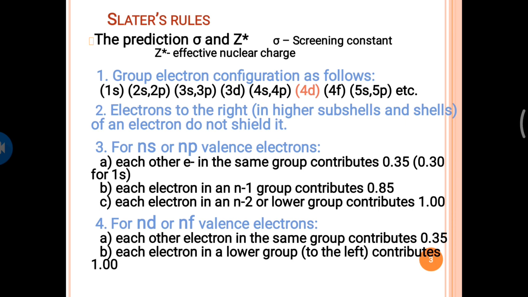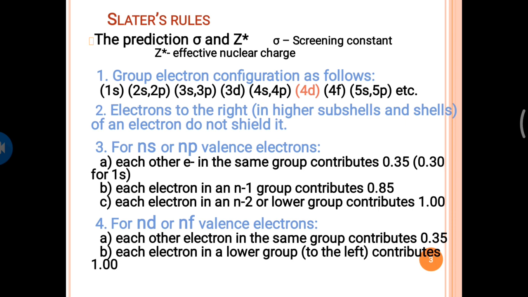Second rule: electrons to the right side. Suppose we calculate the screening constant of a 4d orbital electron. The electrons in groups to the right, such as 4f, 4s and 5p, do not shield and do not contribute to the screening constant.